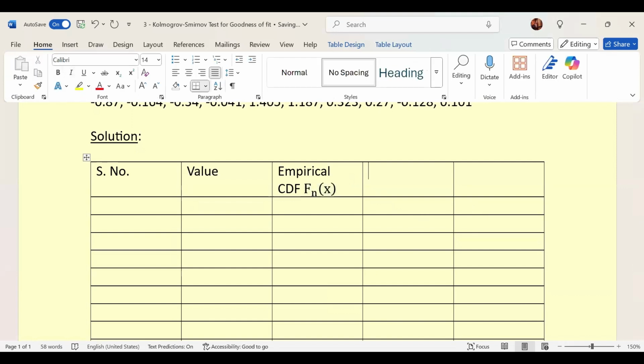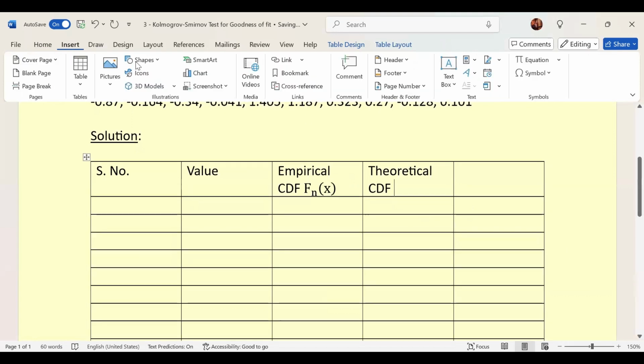Then we will have the theoretical CDF, which is denoted by phi of x.